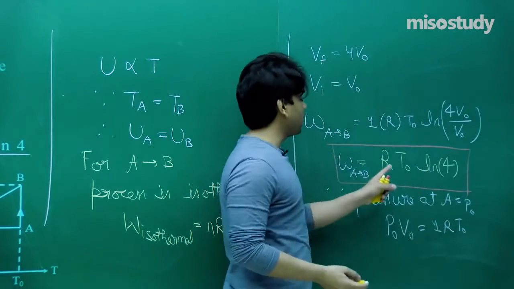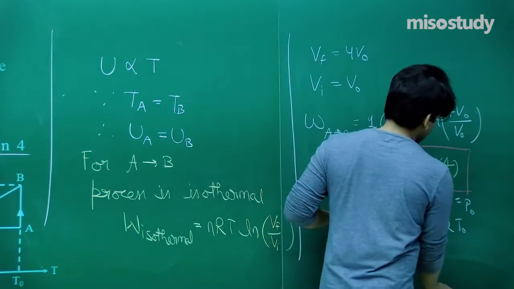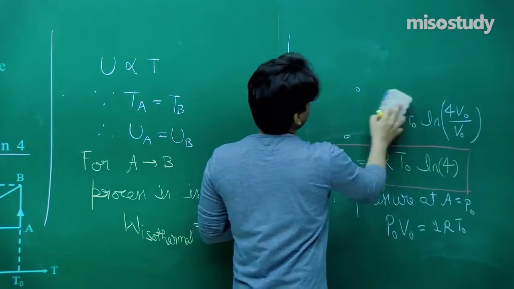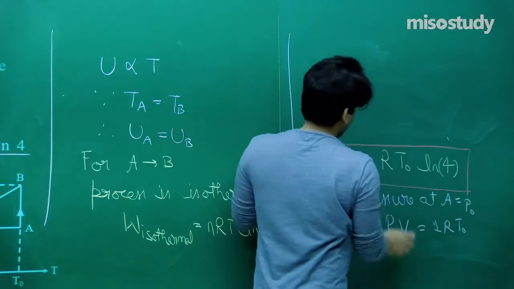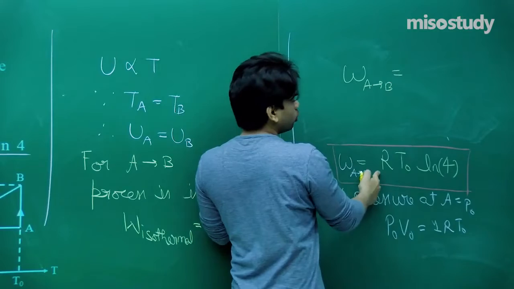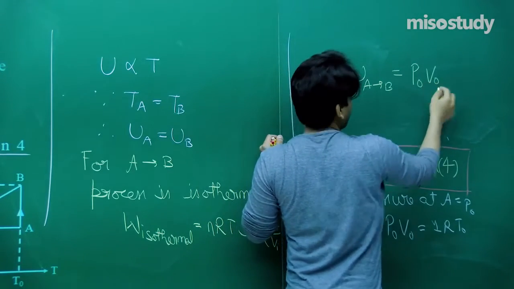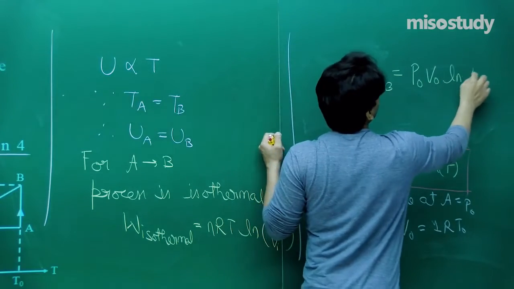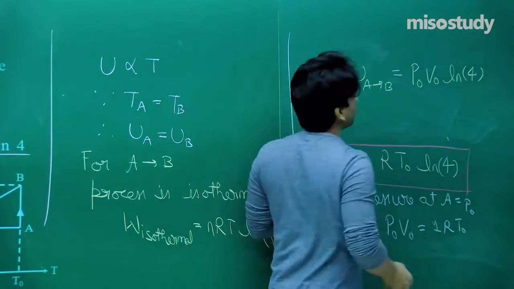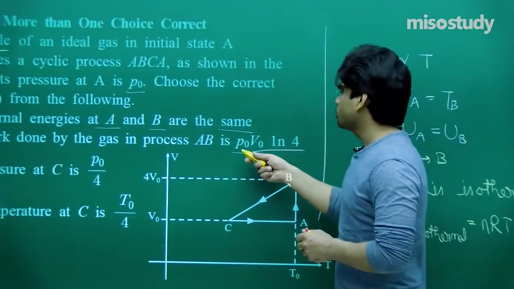So RT0, you replace as P0 V0, and you will obtain work done from A to B equal to P0 V0 ln 4. This is what you are going to obtain. And let's check with option B: work done by the gas in process AB is P0 V0 ln 4.